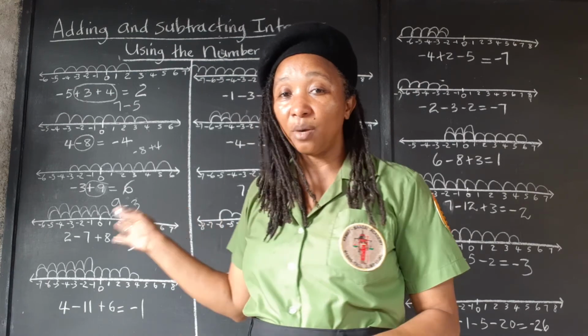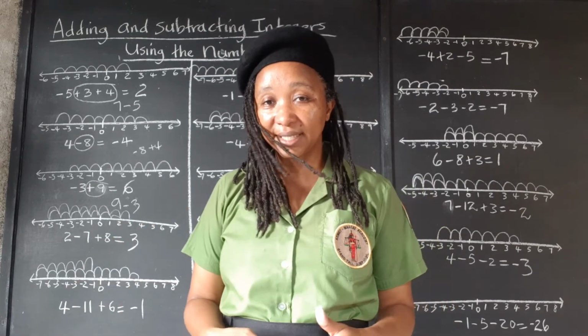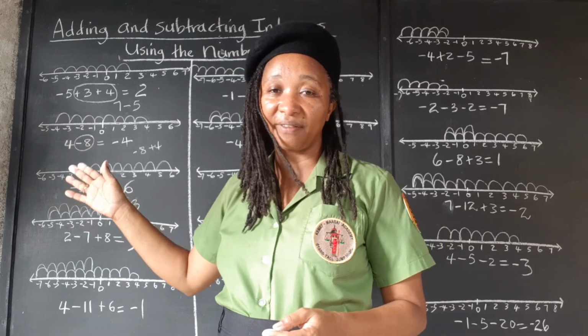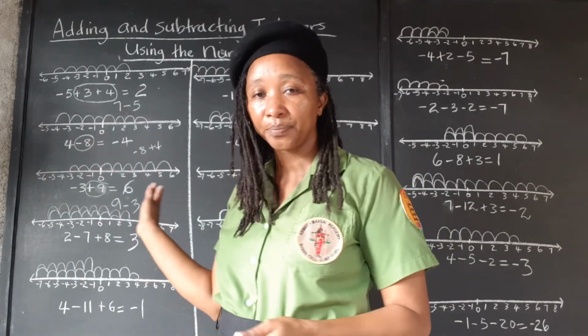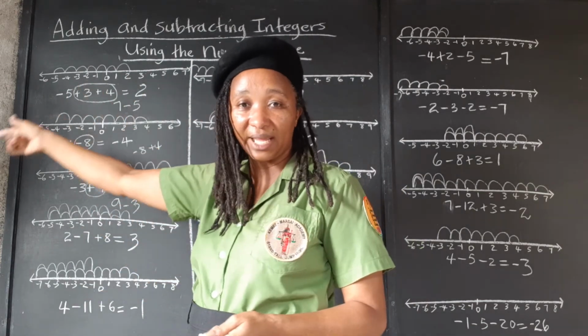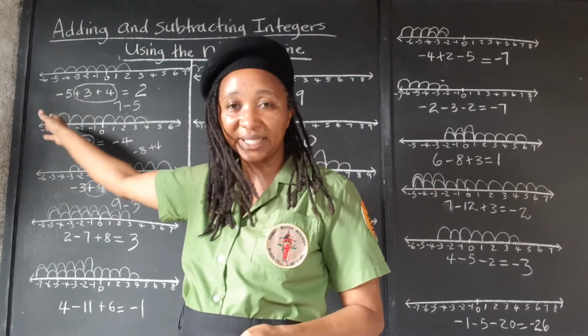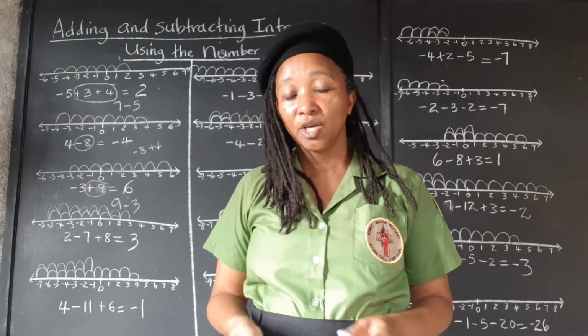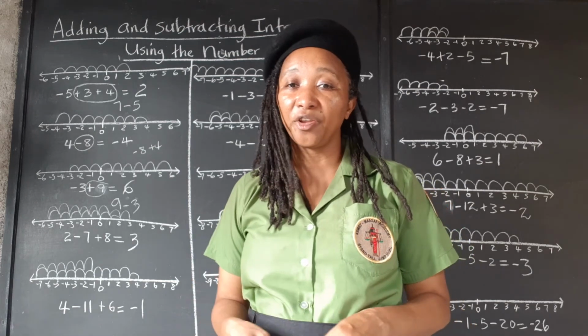Having done it on the number line, you should understand the concept of what we're doing. When we're adding, we're moving towards positive infinity, meaning to the right. Subtracting, you're moving towards negative infinity, to the left, from the starting point, right? So having that concept in mind, you should be able to work it in your head.